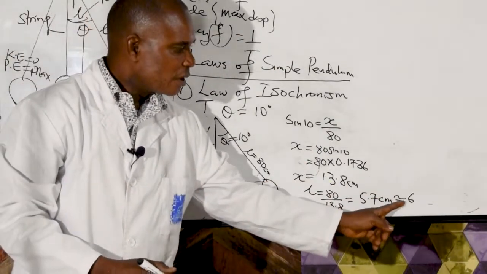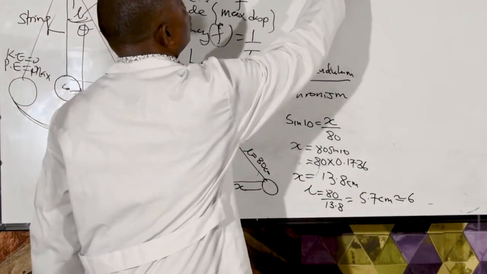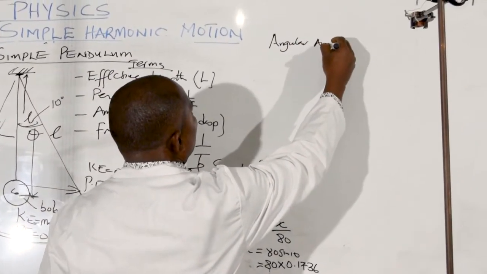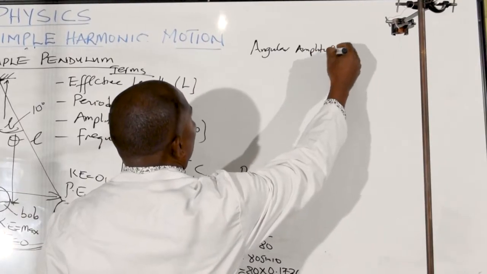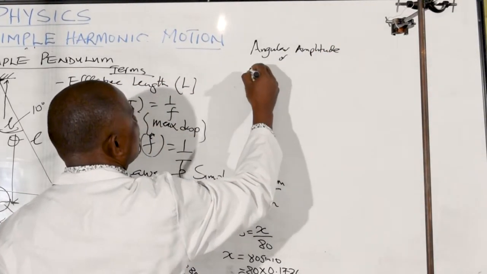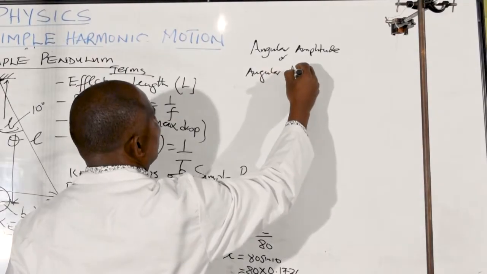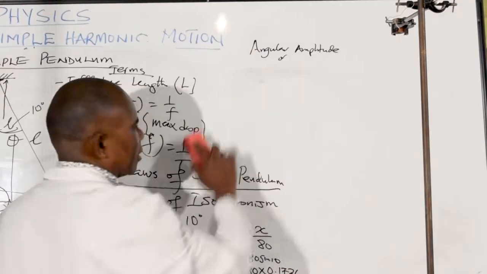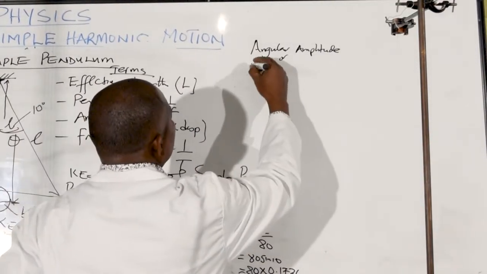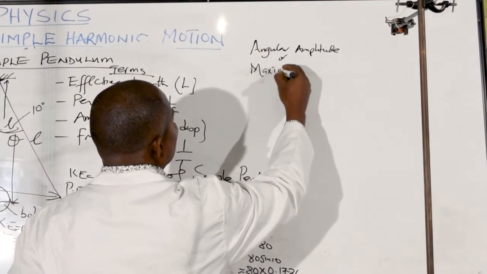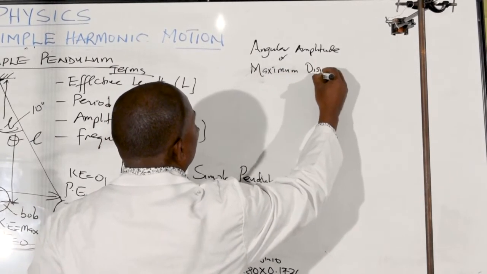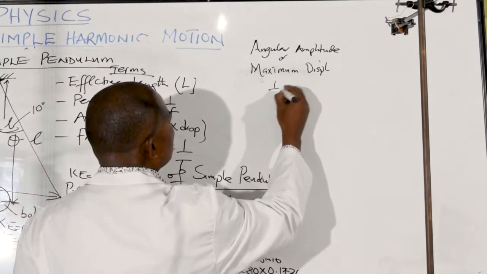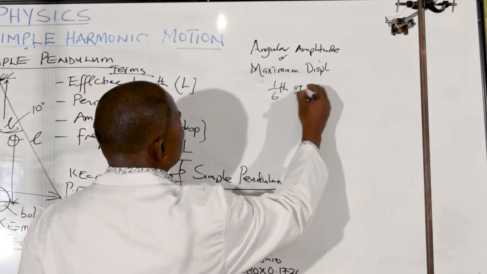So it is 1/6. So if I want to find the amplitude now, the angular amplitude, or angular displacement, or the maximum displacement, if we want to call it that way, the maximum displacement of that bulb will now be 1/6 of the length given.